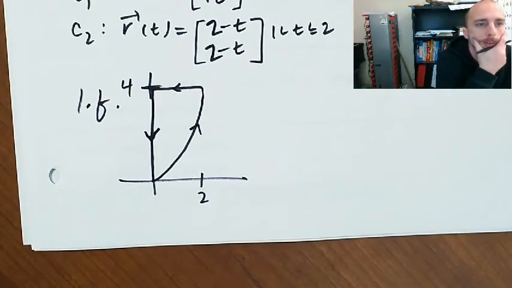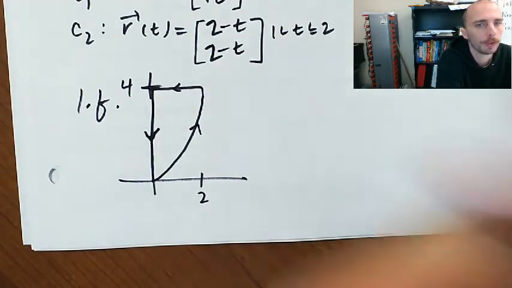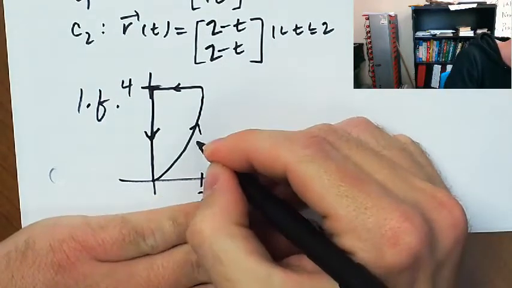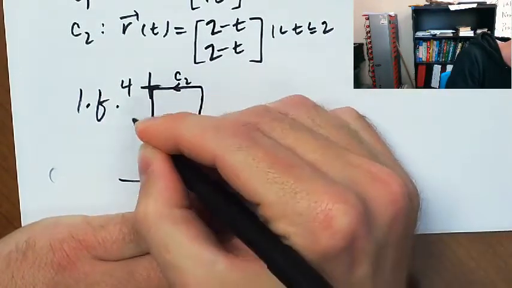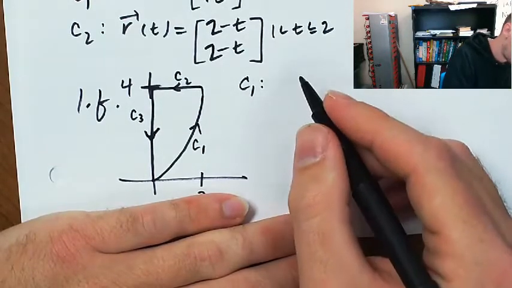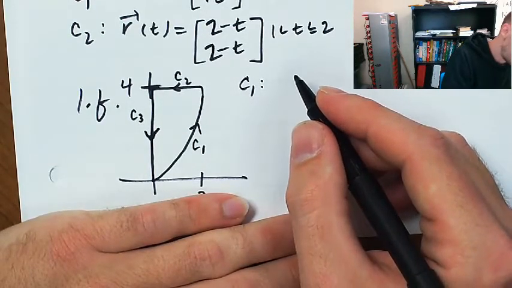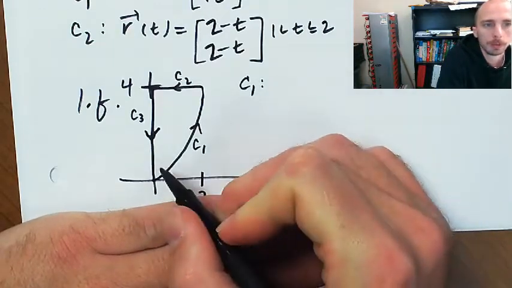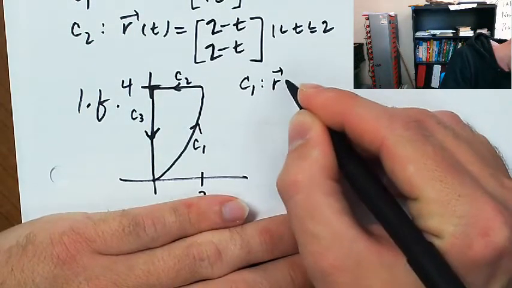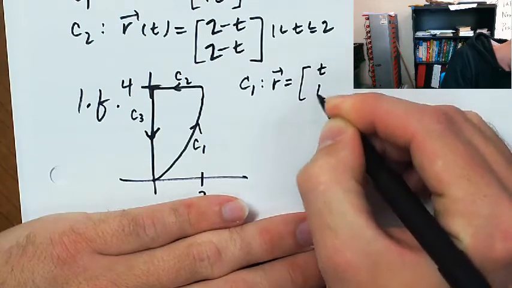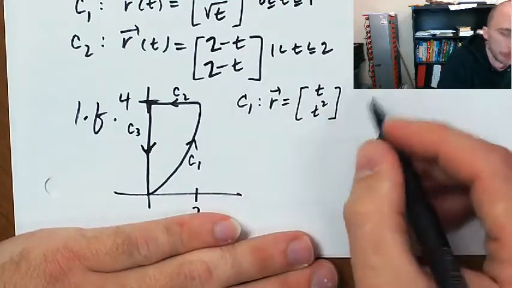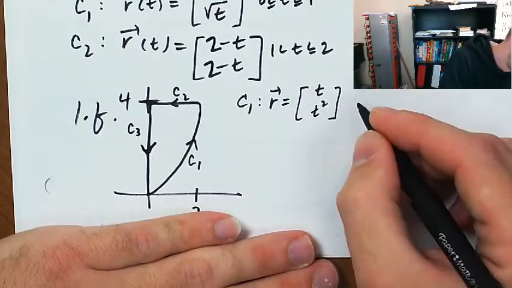Alright, so it's going to start with the y equals x squared curve. Alright, so C1 is y equals x squared, so t and t squared. And this is when t is between 0 and 2, because x runs from 0 to 2.